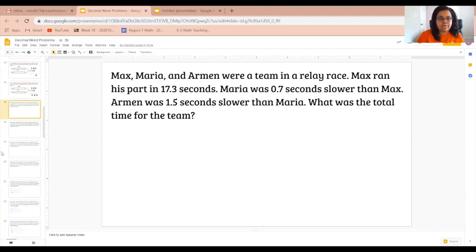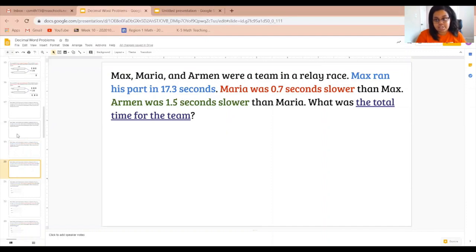So one of the first things that I know is that Max ran his part in 17 3/10 seconds. Maria was 7/10 slower. And then Armin was 1 5/10 seconds slower than Maria. And I'm trying to find the total time for the team.